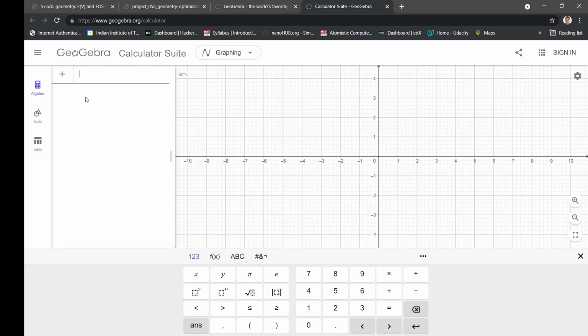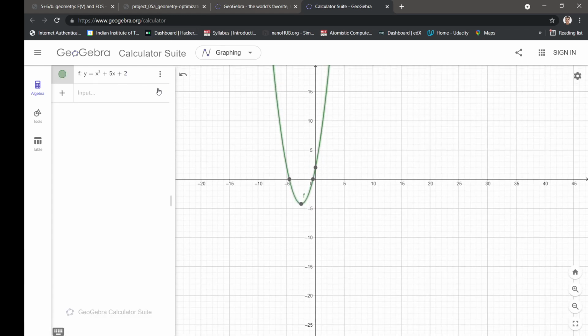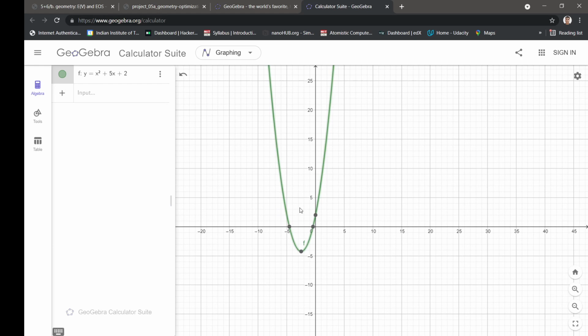So you have to take y equal to x square plus 5x plus 2. So this is going to look like this. You can plot any of these 2D or 3D functions on the website geogebra.org, and you can find how the function looks in the plane.